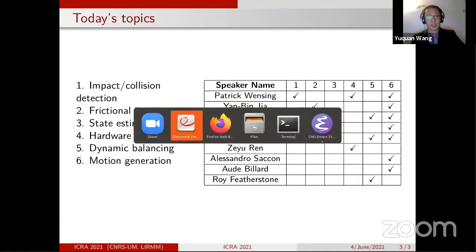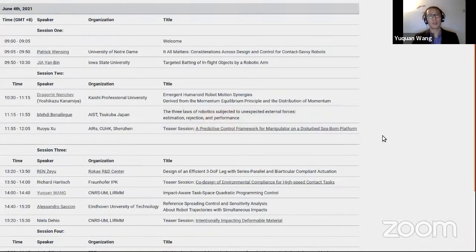So today's agenda is here, and our first talk will go to Patrick Wensing from University of Notre Dame. The topic is It All Matters: Considerations Across Design and Control for Contact-Savvy Robots.